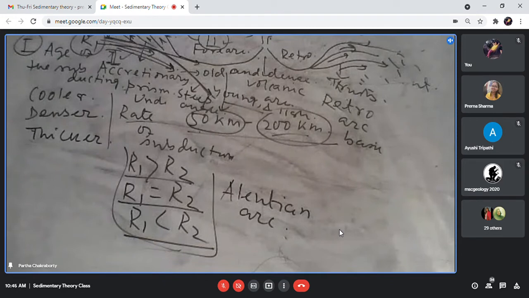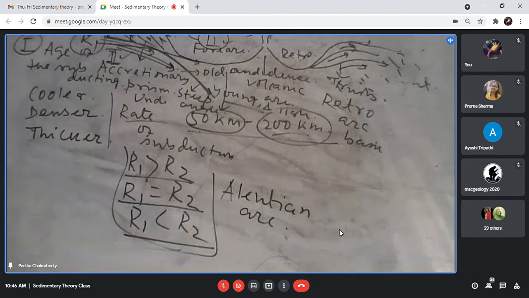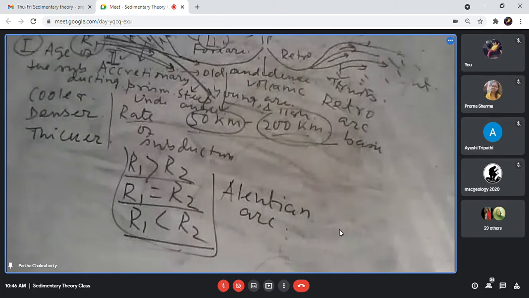Yeah, what I am saying is that now the subduction is of younger and relatively lighter oceanic crust. If subduction is very gentle and the oceanic plate relatively light, then R1, the rate of subduction, will be relatively low, because it is not so dense that it will quickly sink.